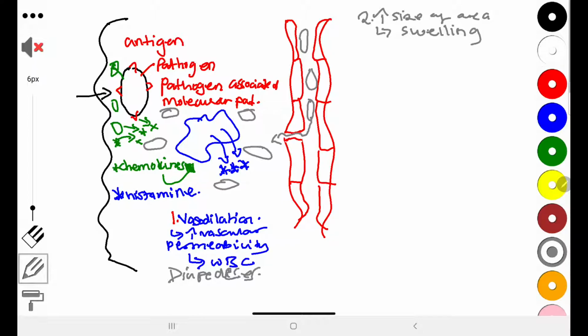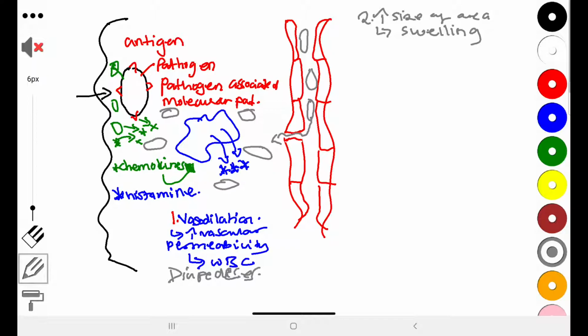So there will be vasodilation, first of all, which causes increased permeability. Increased permeability will lead to diapedesis, and diapedesis will lead to the white blood cells moving to the area of infection, and this will cause that area to enlarge, and this enlargement because of the increase in the number of cells there can be known as swelling.